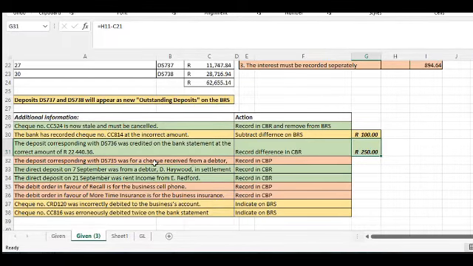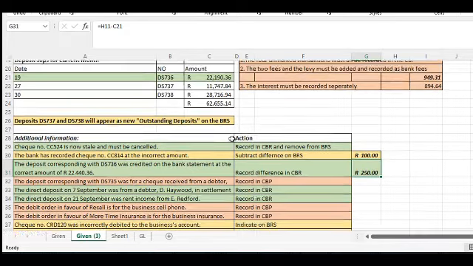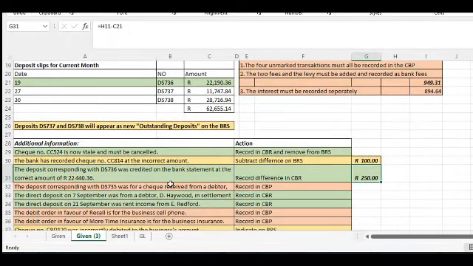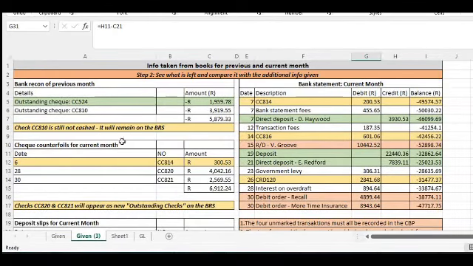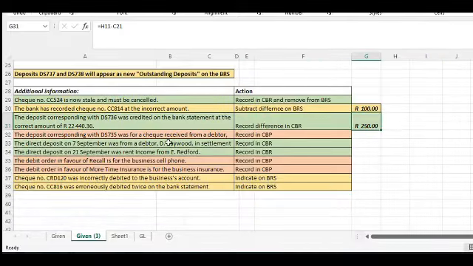So the deposit corresponding with DS735, which was really in the previous month, we must record in the cash book payment.